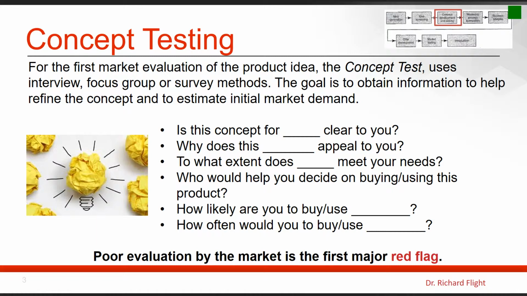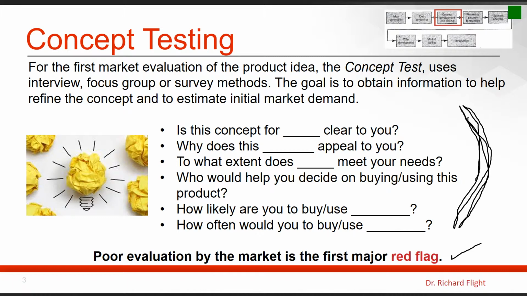If these questions are not positively answered, and if we don't have a lot of real strong support from the marketplace on these questions, then that's a big red flag. We want to be very concerned about this. In fact, we may want to change our concept altogether and go with a different product idea if we're not getting a lot of support in the concept test stage.